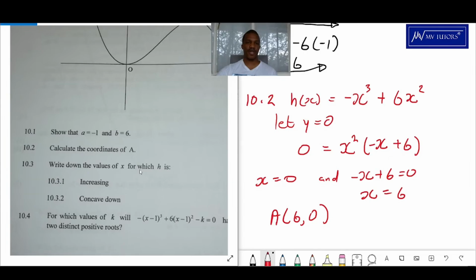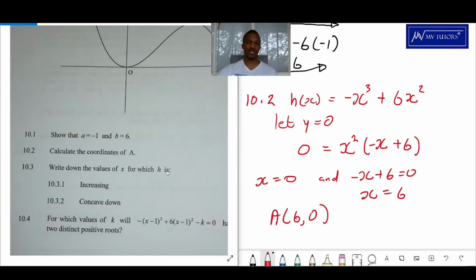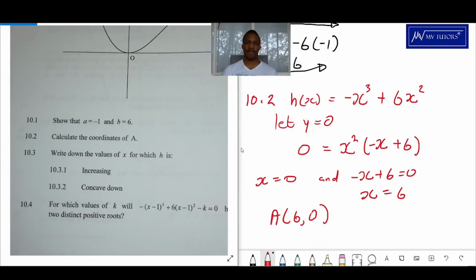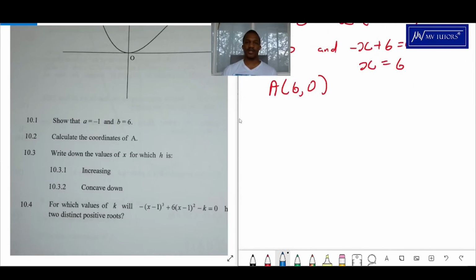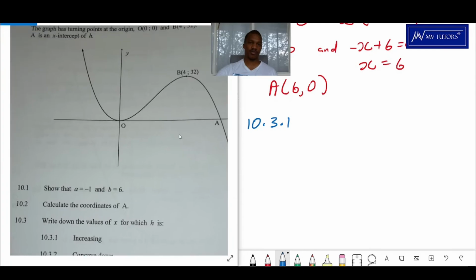Write down the values of x for which h is increasing. Okay, let's go for blue this time. So this is now 10.3.1, for which h is increasing. You're always coming from the left going to the right. Coming from the left, we hit the graph and then we go down, we decrease, but as soon as we hit 0, we're increasing until we reach that point of 4, then we start decreasing again.